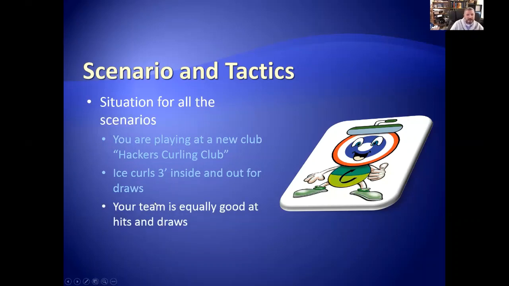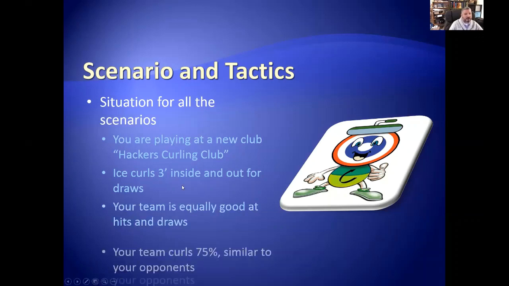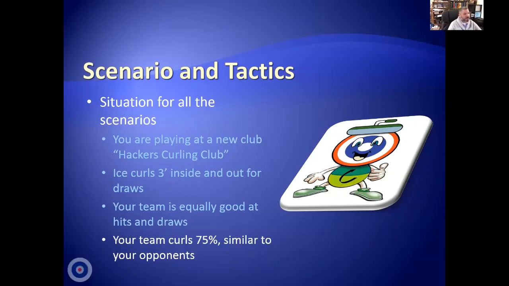And then your team is equally good at hits and draws, so we can play as offensively as we want or as defensively as we want. And your team curls 75%, which is similar to your opponent. So this is important because I would say most everybody on this call today probably does not normally curl 75%. I could say that I probably don't.